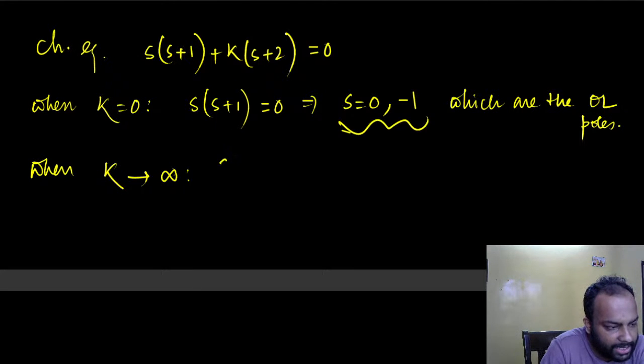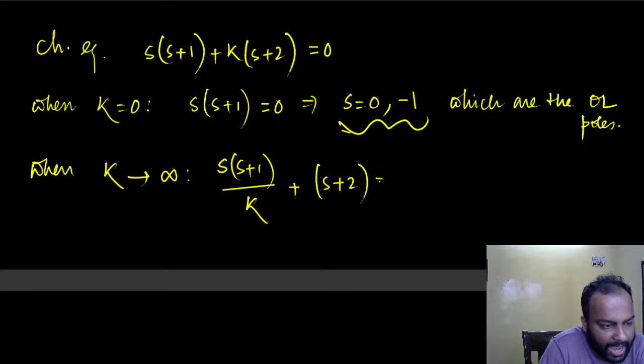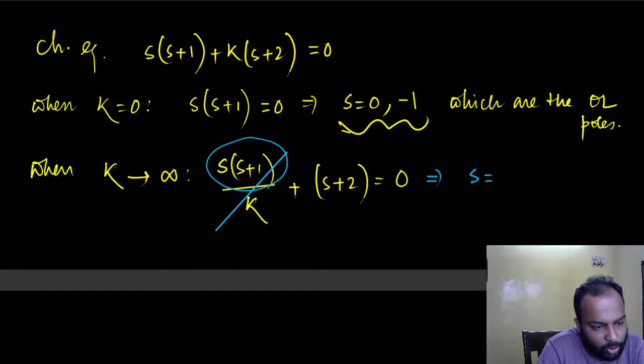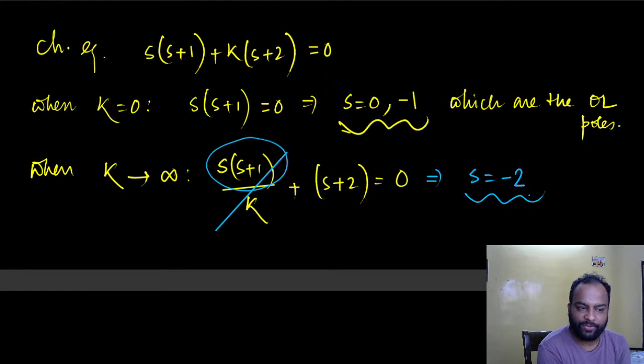Then I have s times (s plus 1) divided by k, plus (s plus 2), equal to 0 divided by k, which still remains 0. But the first term now becomes 0 because it is a finite quantity divided by k. So we have solutions like s equal to -2. We get that when k tends to infinity, one of the roots is going to be -2. But this is the open loop zero.